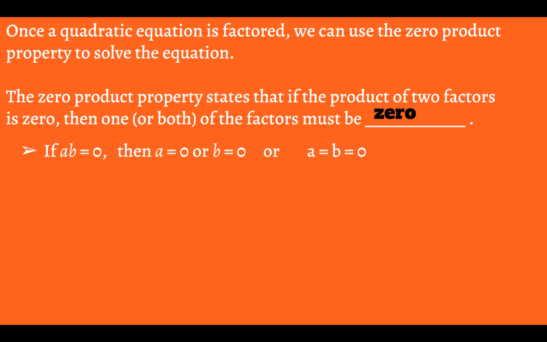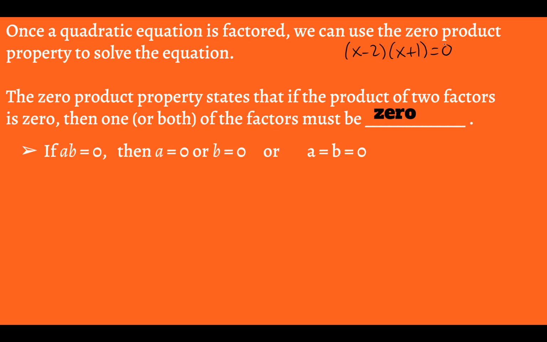So if we have two values, A and B, and they are multiplied to give me 0, that means A has to be equal to 0, B has to be equal to 0, or A and B both have to be equal to 0. Okay? We saw this back in chapter 2 or chapter 3, where I gave you something like x minus 2, x plus 1 equals 0.